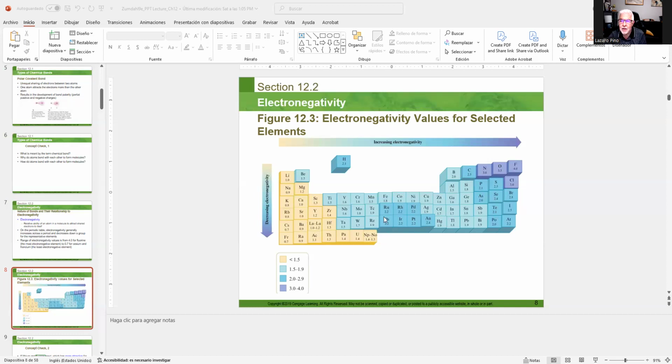And for the atoms in a darker blue, the electronegativity is between 2.0 and 2.9. You can see here some non-metals and these transition metals and the hydrogen. And the most electronegative are, as I told you before, the ones in violet.